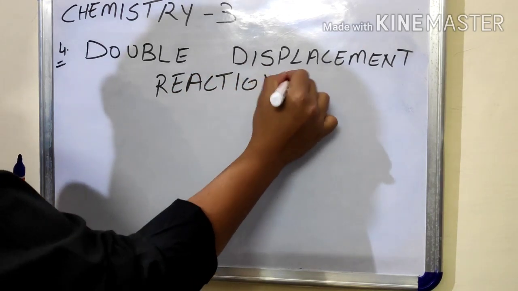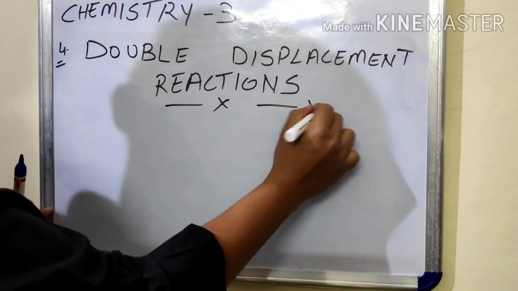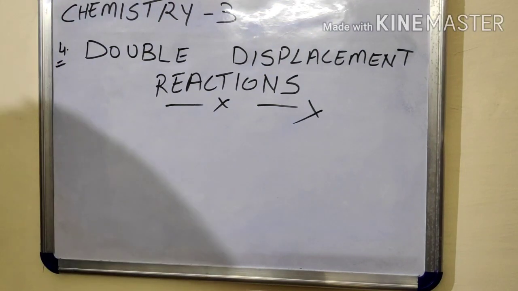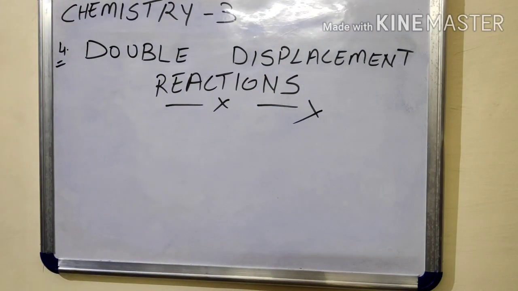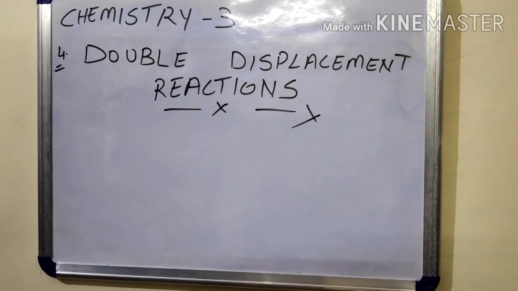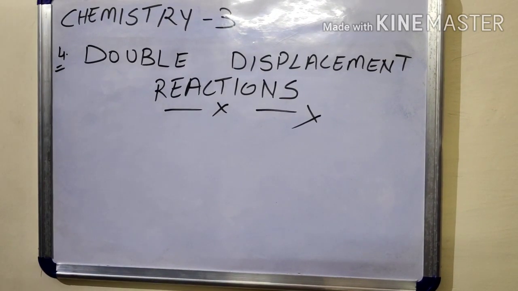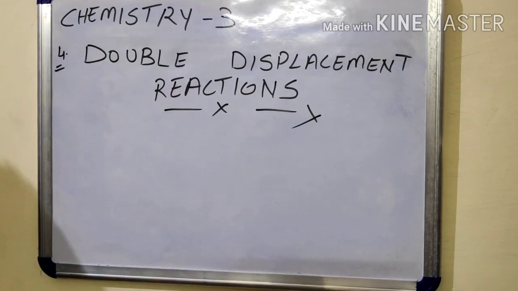Write down the heading, double displacement reaction. So from the name, what do you guess? What is happening here? Two displacements are happening together, okay? So doubly it's getting displaced. So two displacements are happening together simultaneously, okay? So let's see what is happening here.